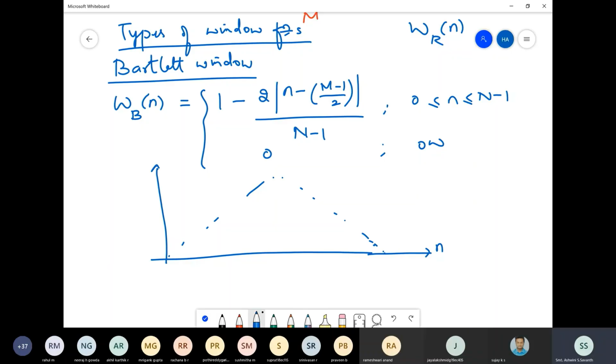So this has a triangular shape, starts at 0, ends at M minus 1. It is discrete, so I am writing the samples like this. It is symmetric about the midpoint, (M minus 1)/2.